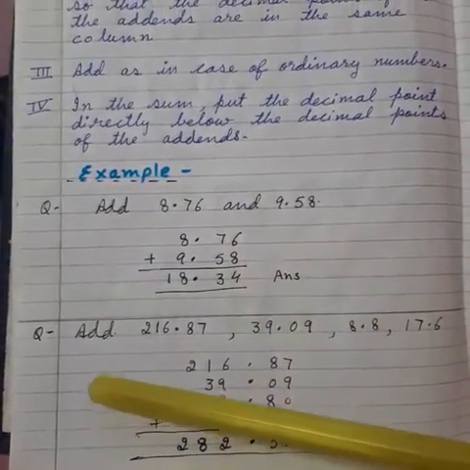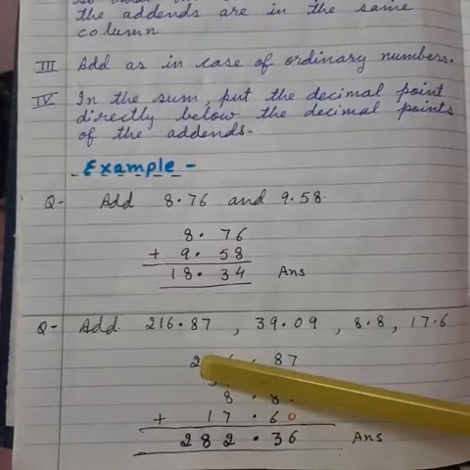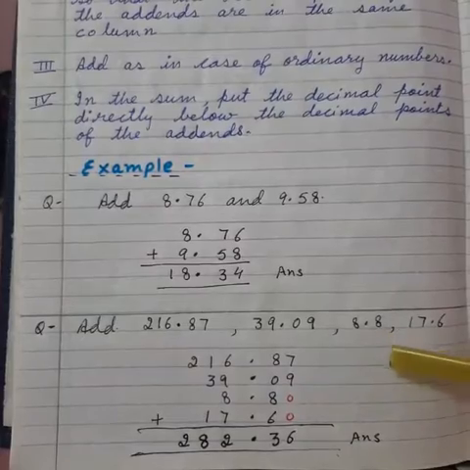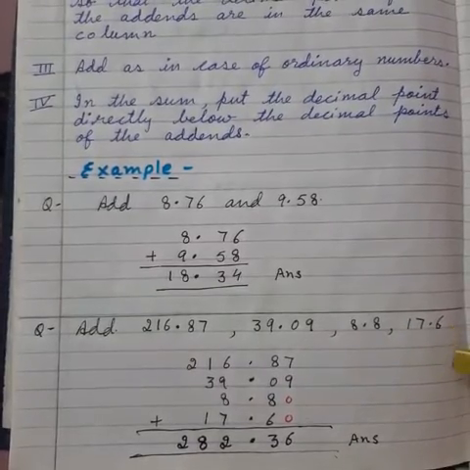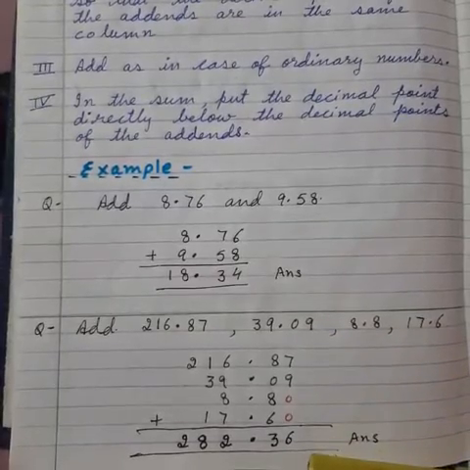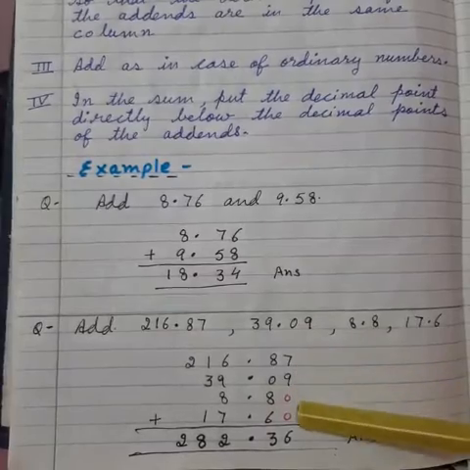Let us see another example. Here we have 216.87, 39.09, 8.8, 17.6. All of them we will arrange in the column. Decimal is under the decimal and then we will add.